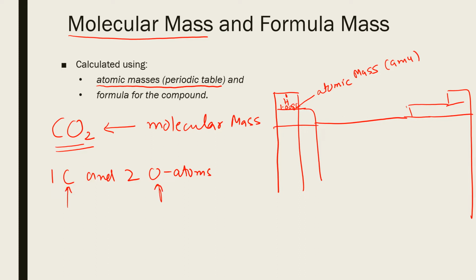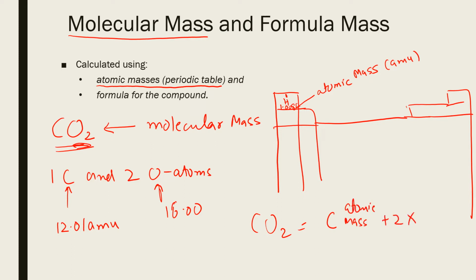If we look carefully in the periodic table, we'll find that a carbon atom has a mass of 12.01 AMU and an oxygen atom has a mass of 16.00. Because we have two oxygen atoms and one carbon, the total mass in CO2 will be the carbon atomic mass plus 2 times the oxygen atomic mass.